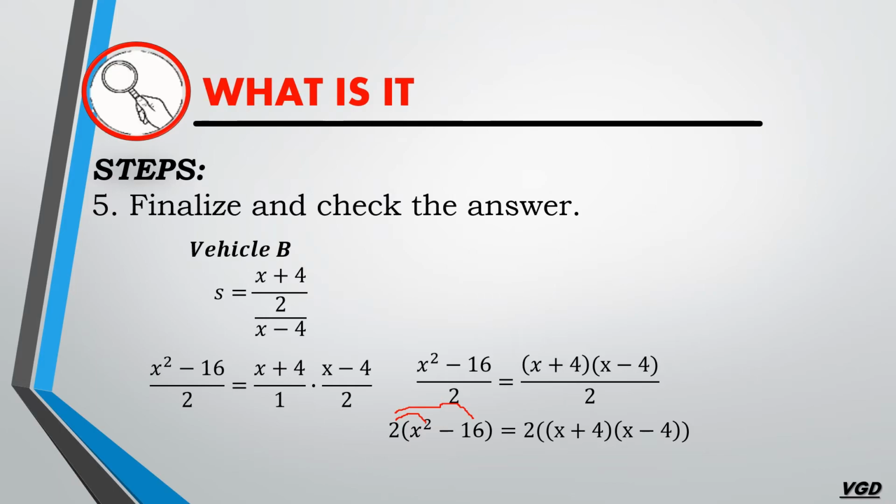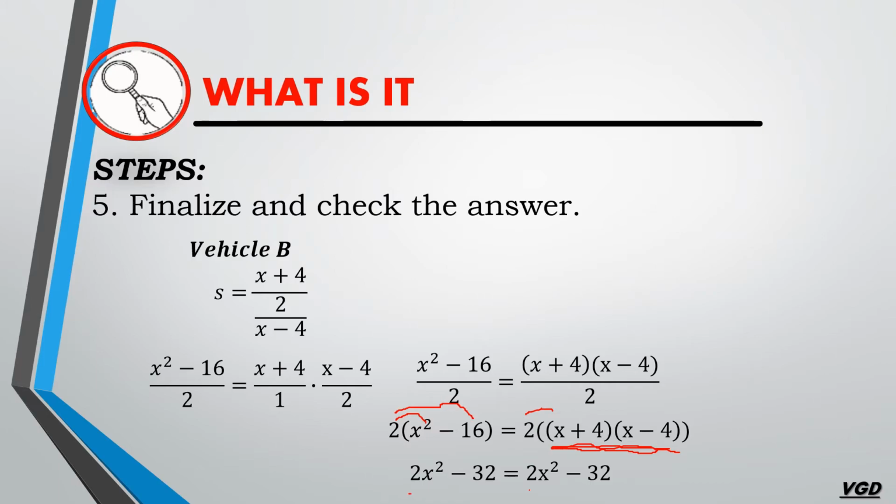And for the right side, we have to factor this one. So using the FOIL method, and after that, we will distribute using the distributive property of multiplication. So the answer for the right side is also 2x squared minus 32.